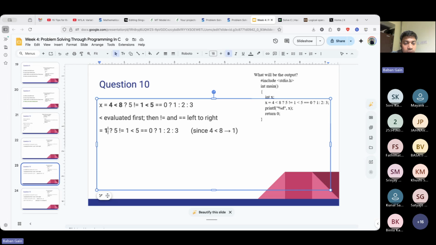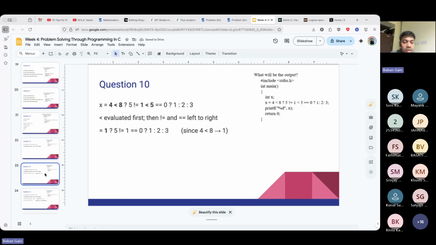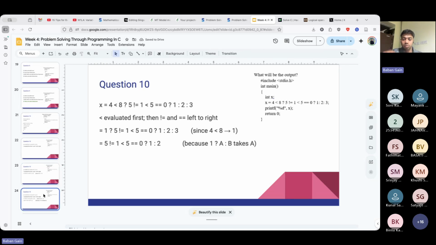Here it is one, it is fine. 5 not equal to 1 less than 5, 1 less than 5 is 1. Yeah. Okay. Then next step, just a minute.